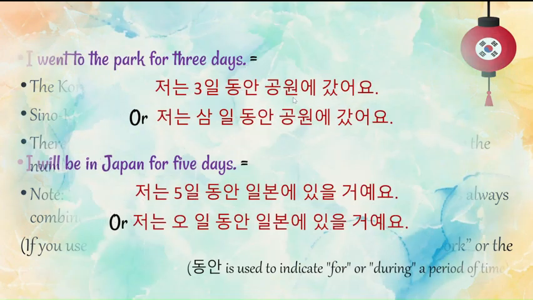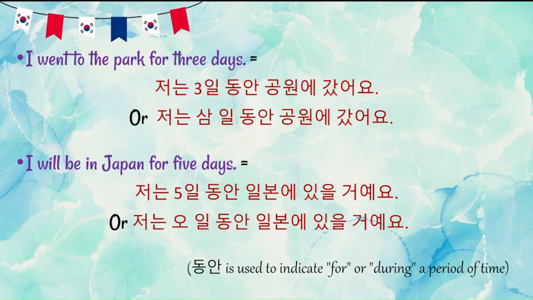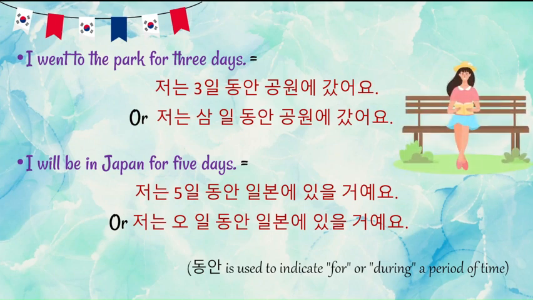Now let's look at these two examples to understand the concept of using the counter il more clearly. The first example is, I went to the park for 3 days. In Korean, there are two ways to write this sentence.